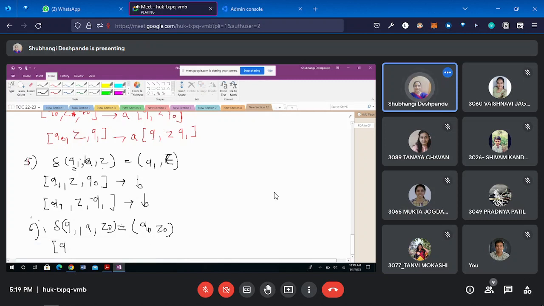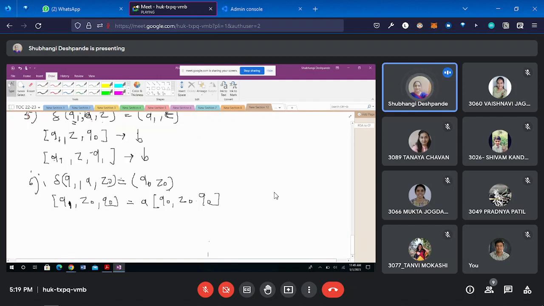So it will start with Q1 now, and the end will be Q0. So Q1 Z0 Q0 is equal to A Q0 Z0 Q0.